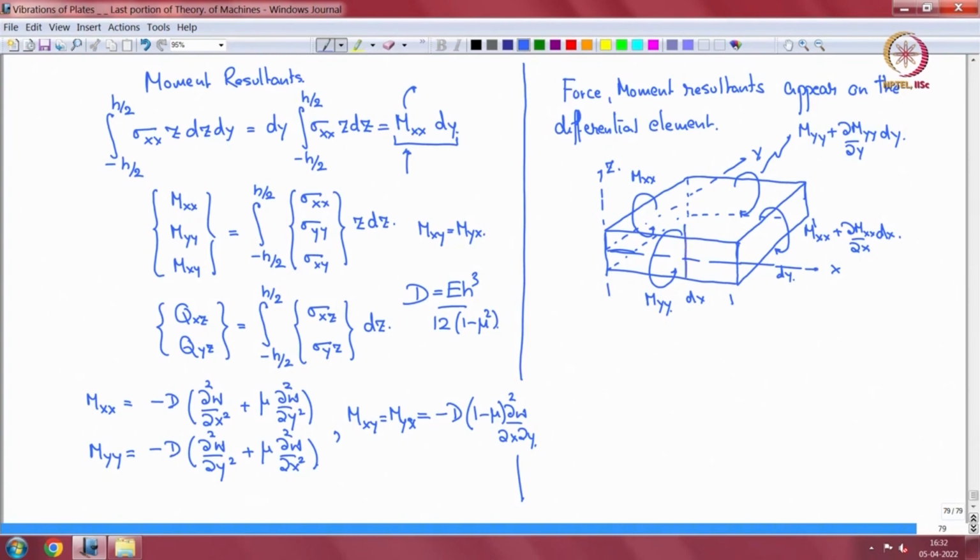the shear force resultant QYZ and QYZ plus del QYZ by del Y dy. Let me write it properly.